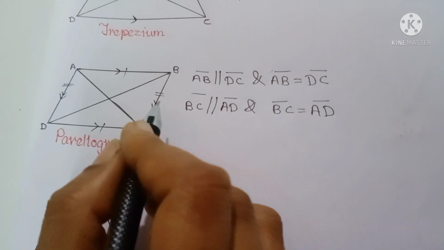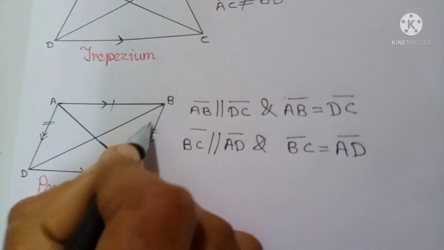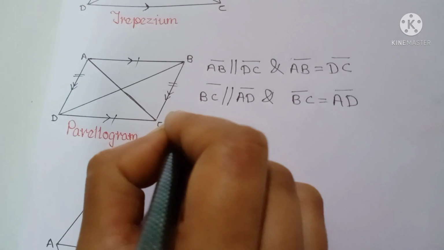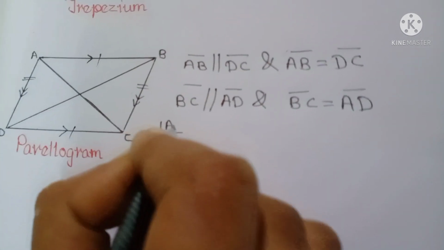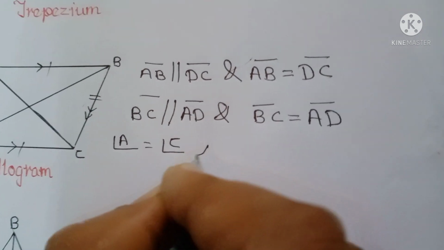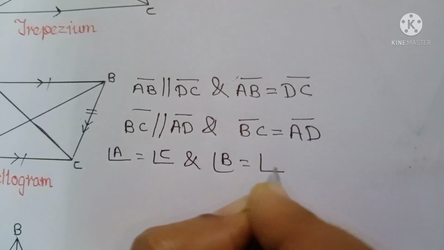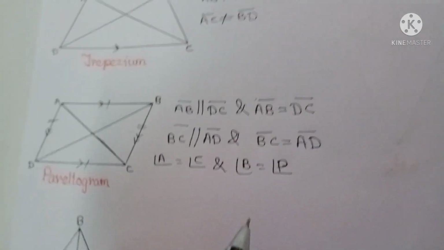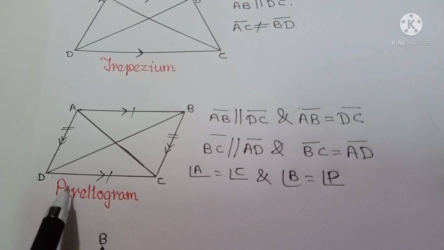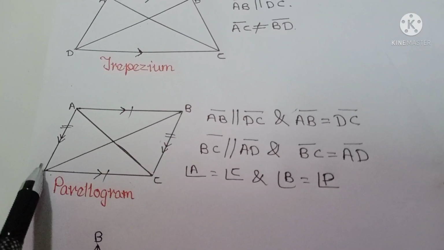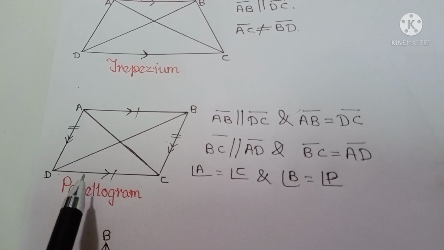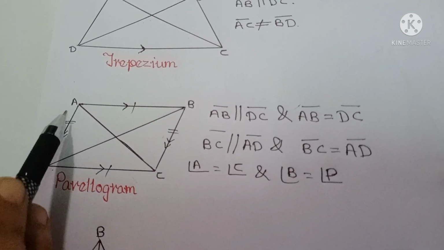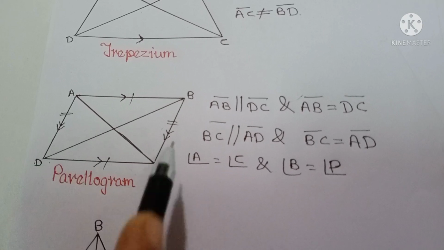And opposite angles are equal in a parallelogram. Angle A is equal to angle C and angle B is equal to angle D. Diagonals bisect each other in a parallelogram and are not equal.